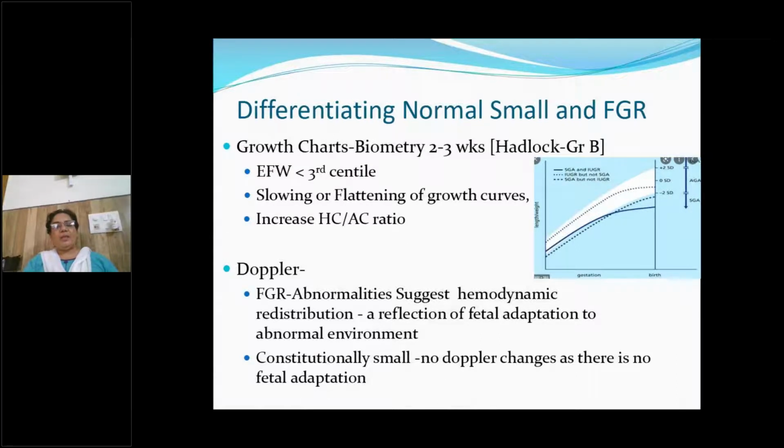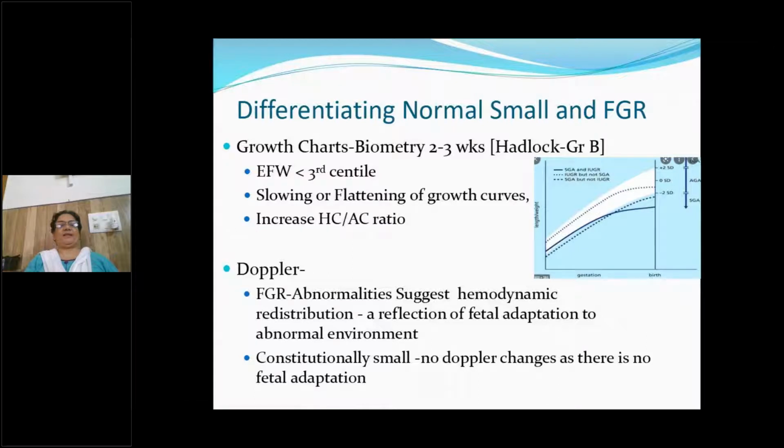If you see any abnormality in Doppler, it suggests a hemodynamic redistribution, which is the reflection of fetal adaptation to an abnormal environment. So we differentiate a constitutionally small from a growth restricted fetus by the extremes of reduction in estimated fetal weight, flattening of growth curves, and abnormalities of Doppler, which are seen in the growth restricted fetus.